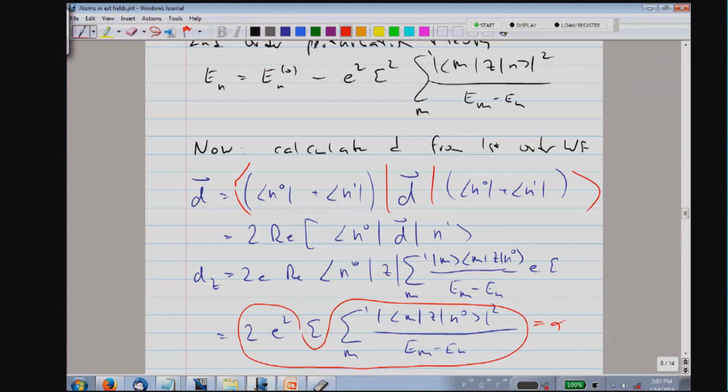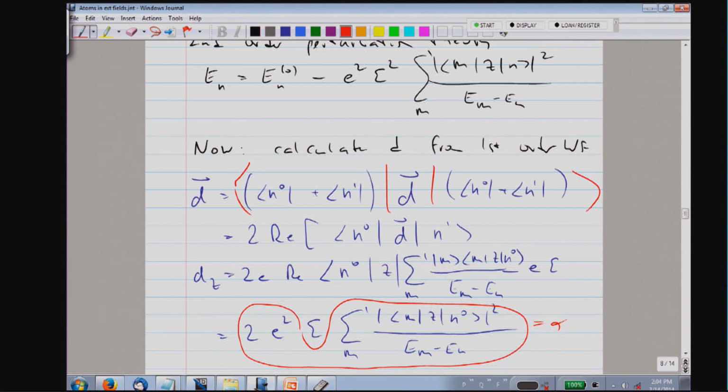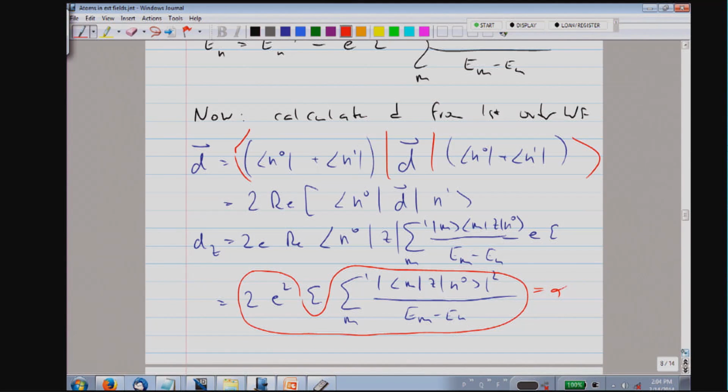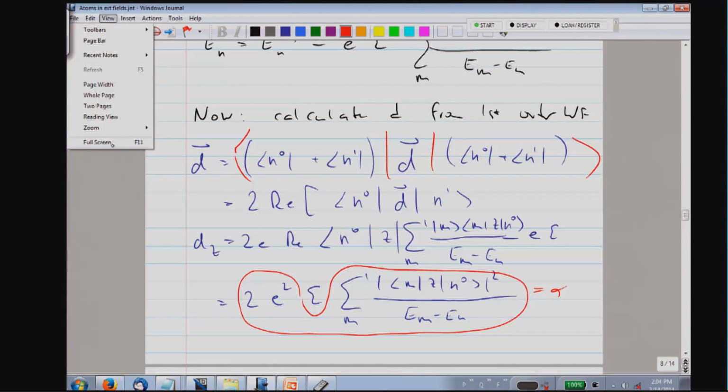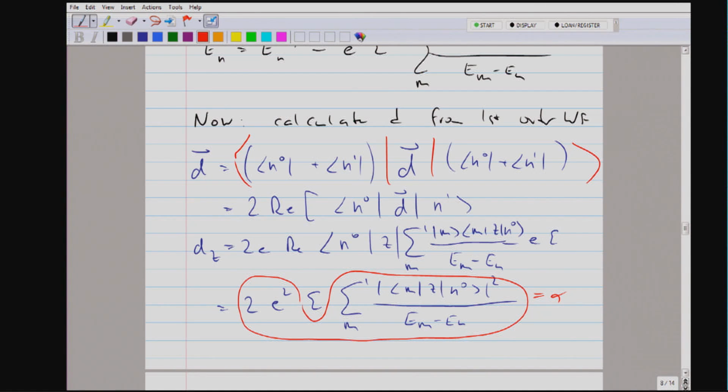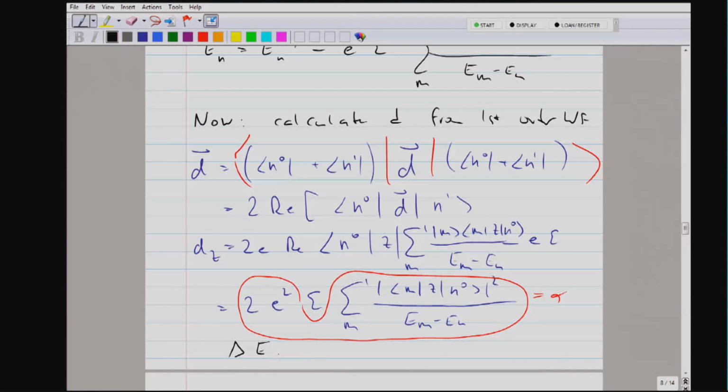And if we compare now the result for the dipole moment with the second order perturbation theory for the energy, we find here's a factor of 2, but there is no factor of 2 up there, we find that the energy shift delta En has exactly the same matrix element as the polarizability.